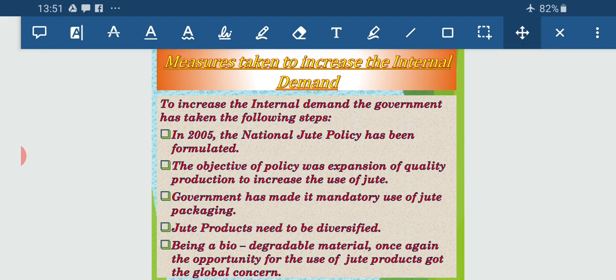It is an eco-friendly product. So, with the global concern for the environment, the importance of jute products is gradually increasing. So, these are the measures that have been taken by the government to increase the internal demand of jute products.